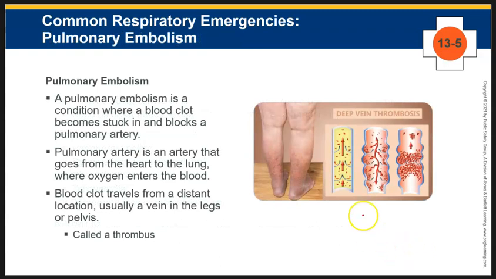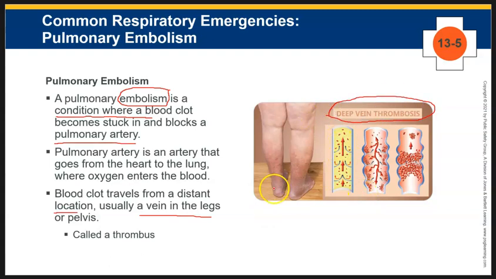A pulmonary embolism is a situation where a blood clot becomes stuck in and blocks a pulmonary artery. Now, it may travel from a distant location, such as a vein in the legs. An embolism is basically a clot that travels. Sometimes you may have heard of this situation, DVT, deep vein thrombosis.